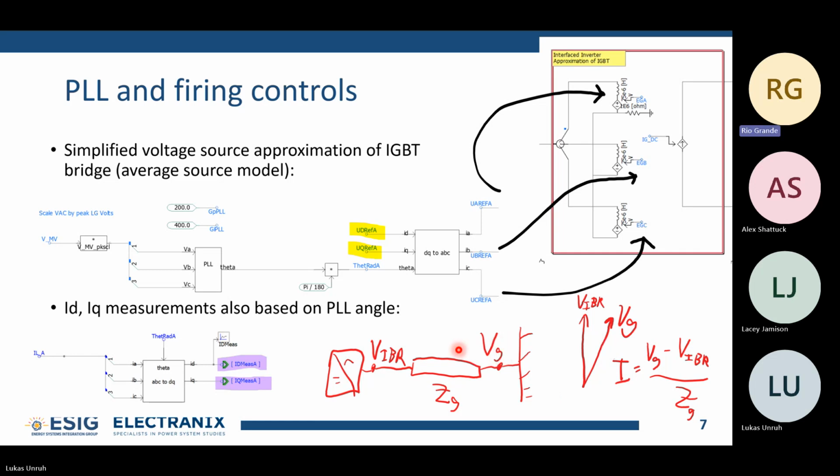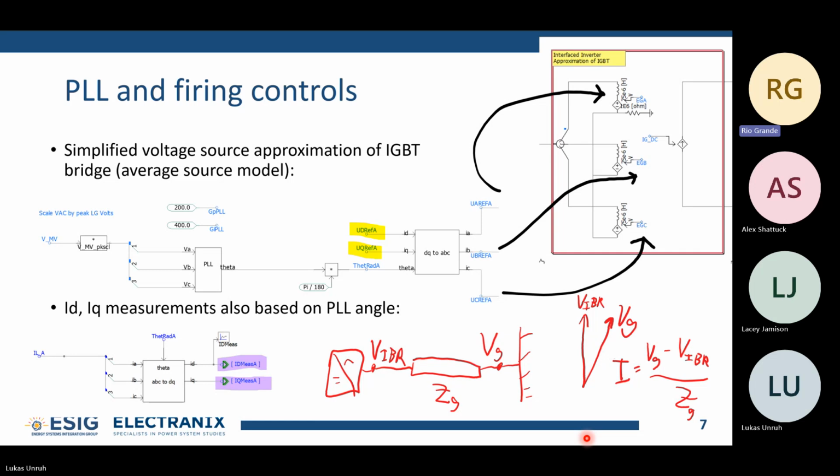In the phasor diagram on the right, we have a voltage V IBR and a V grid, and the current is just the difference between VG and V IBR divided by the grid impedance. So the angle of the voltage created at the inverter terminals determines how much current flows into the system.